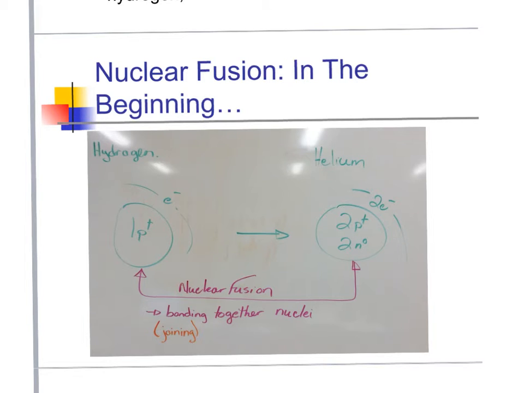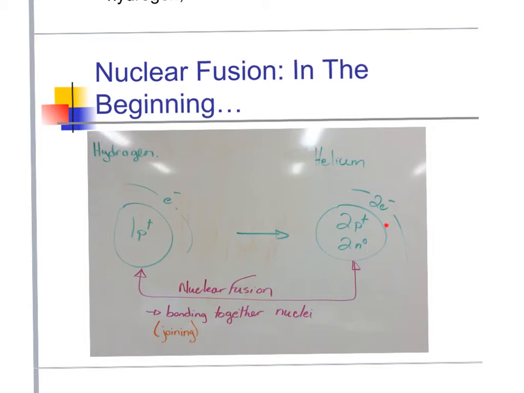And it's the simplest atom because it has only one proton and one electron. Through the process of nuclear fusion, we take hydrogen atoms and bond together their nuclei. Nuclei is just the plural of nucleus, and we form helium.